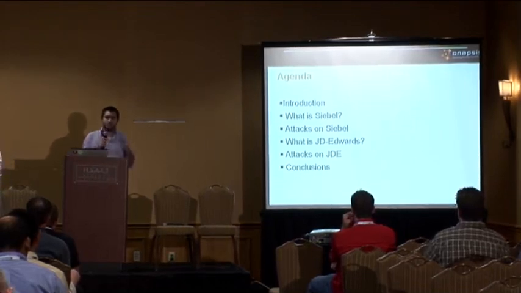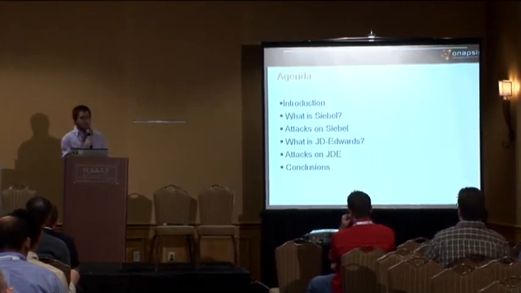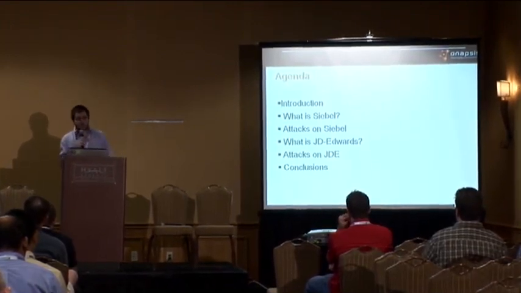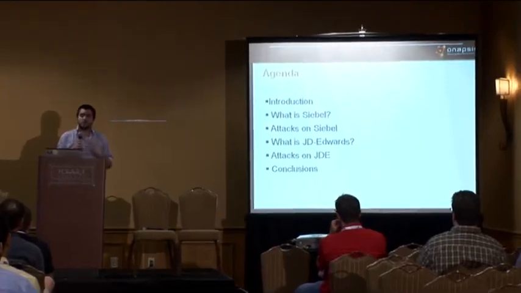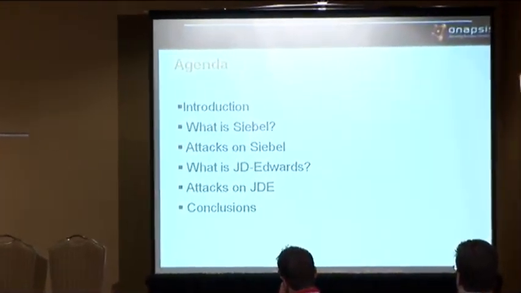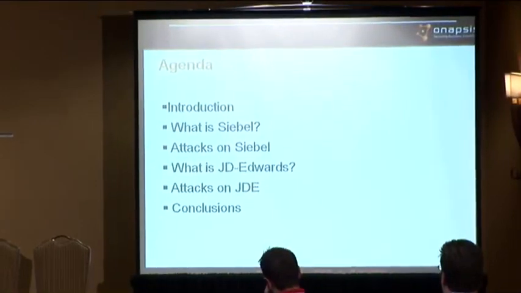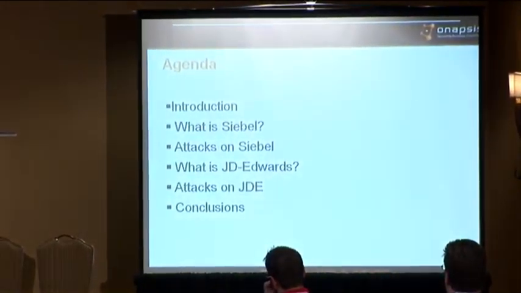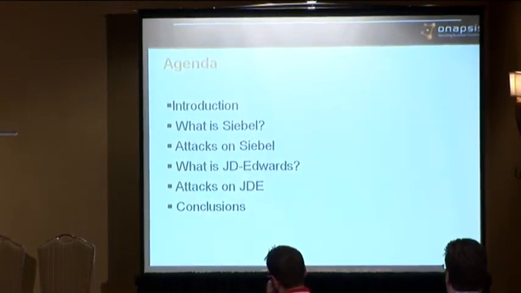We are going to have a small introduction on ERPs and also about the company and ourselves. We are also going to see a little introduction on Siebel, and then we're going to jump to the attacks on Siebel systems. Jordan is going to explain several attacks that are quite interesting.